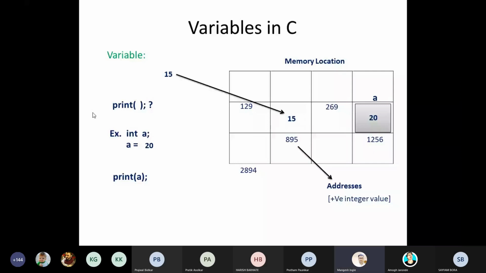For that, we need to call the identifier. So I'm going to call identifier a. Once you call identifier a, control switches to that identifier, and whatever value is stored in that memory location can be accessed, as you can see on your screen. If you want to access that value, you just print a. And what is the modified definition of variable? A variable is a named memory location.